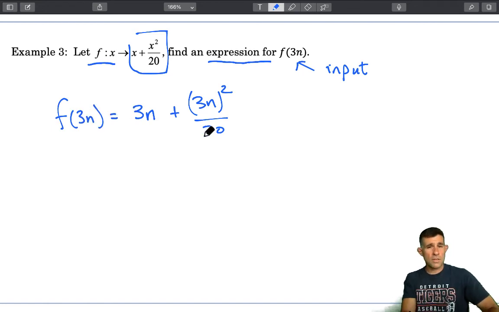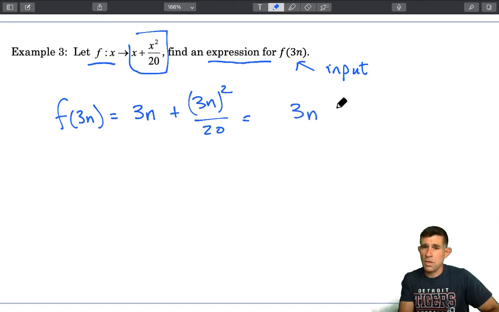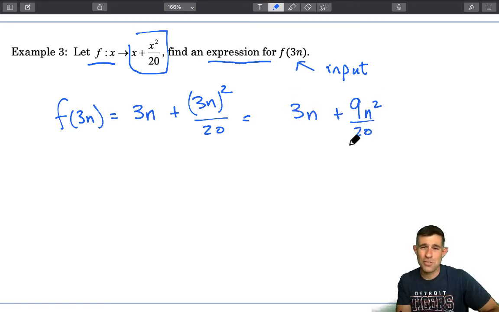Now, we should make a note that we should simplify this as far as we can go. So 3n, I can't add to 3n squared, and I can't take 3n squared and divide by 20, but I can simplify this numerator here. This 3n squared is going to result in 9n squared. So the final simplified form should be 3n plus 9n squared over 20.